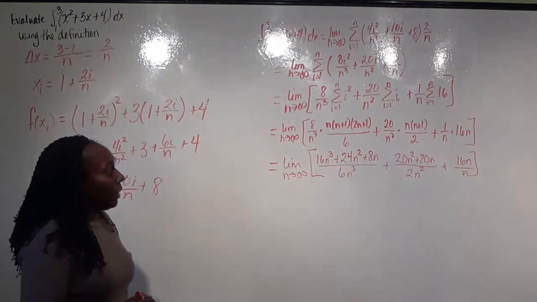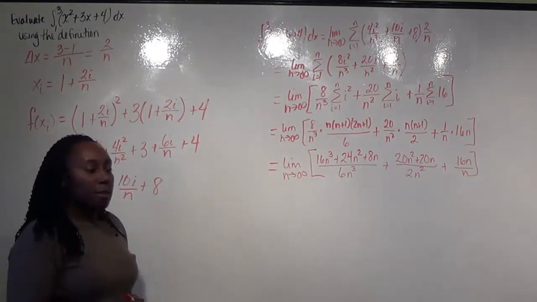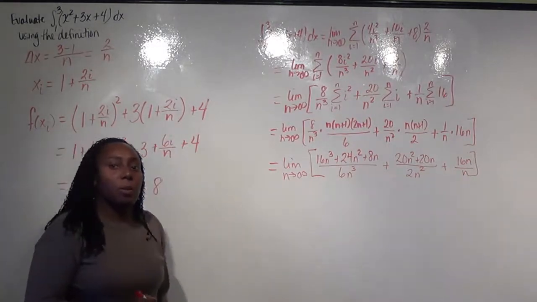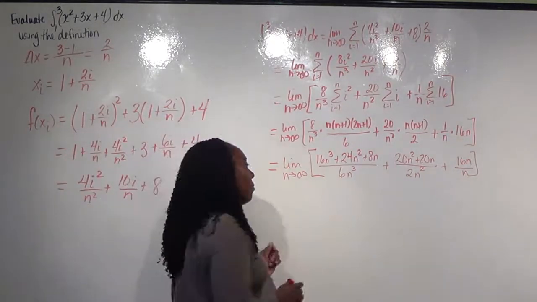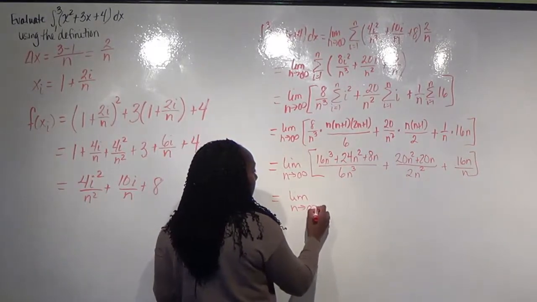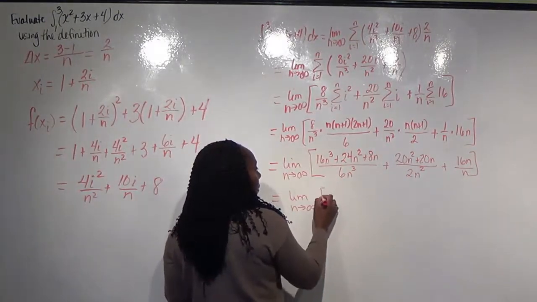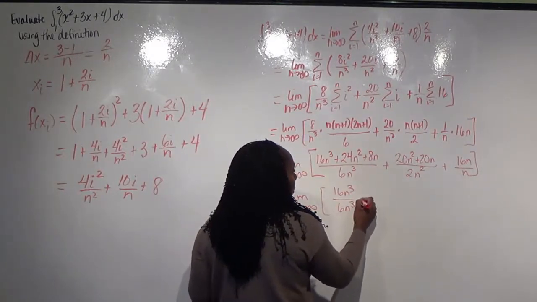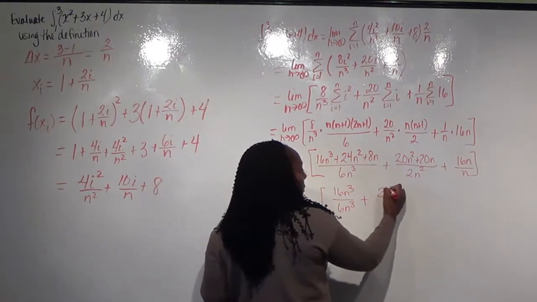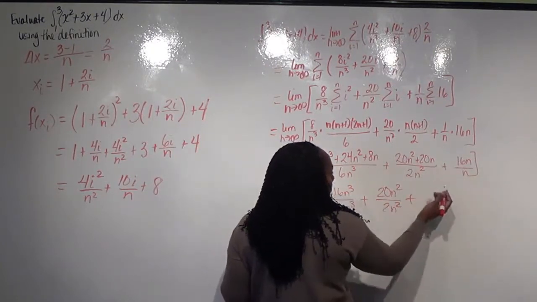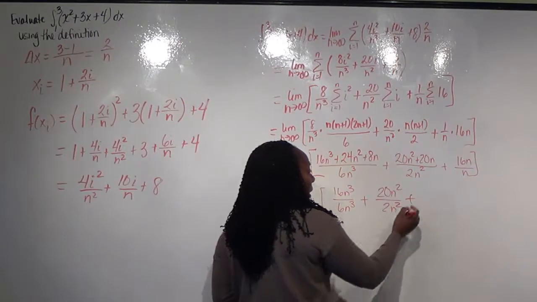Okay. Again, we can look at this as a limit of some rational expressions. So we are going to pull off the dominant terms. So our dominant terms here are the 16n cubed over 6n cubed. Here it's the 20n squared over 2n squared, and, well, 16n over n.